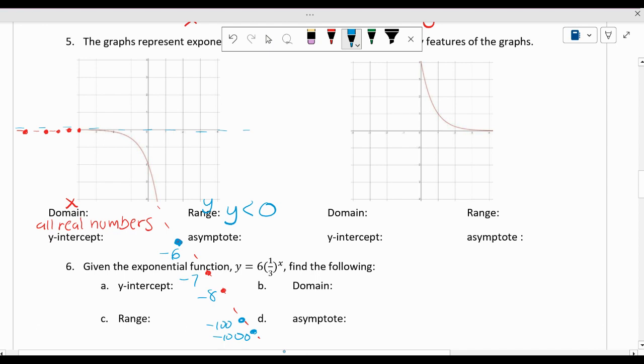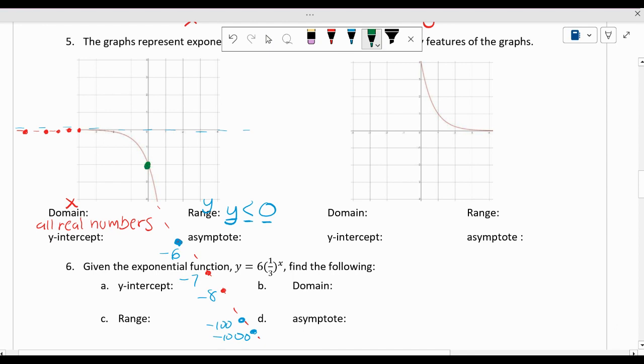So we use an inequality to describe this range. My graph is going to hit all the y values that are less than 0, that are below 0. Which makes sense because my graph is below the asymptote, below 0 on the graph. Y-intercept should be pretty easy for you guys.